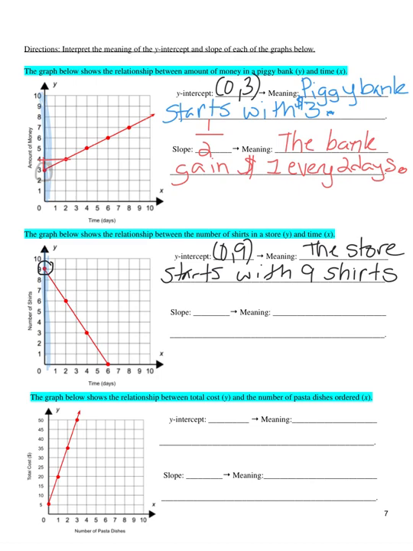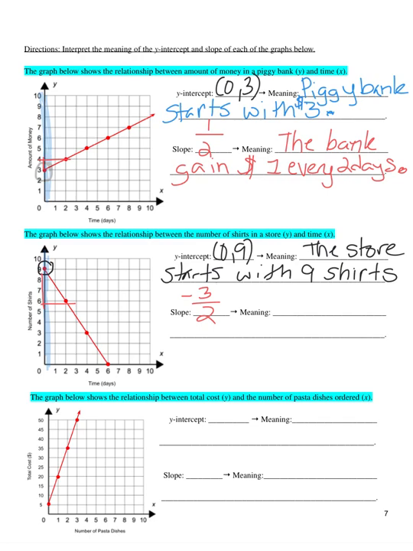So I can see that I go down 3 and over 2. So I'm going down, so that's negative 3 over 2. And what does that mean? The store is selling 3 shirts every 2 days. That does not sound like that store is making a ton of money.